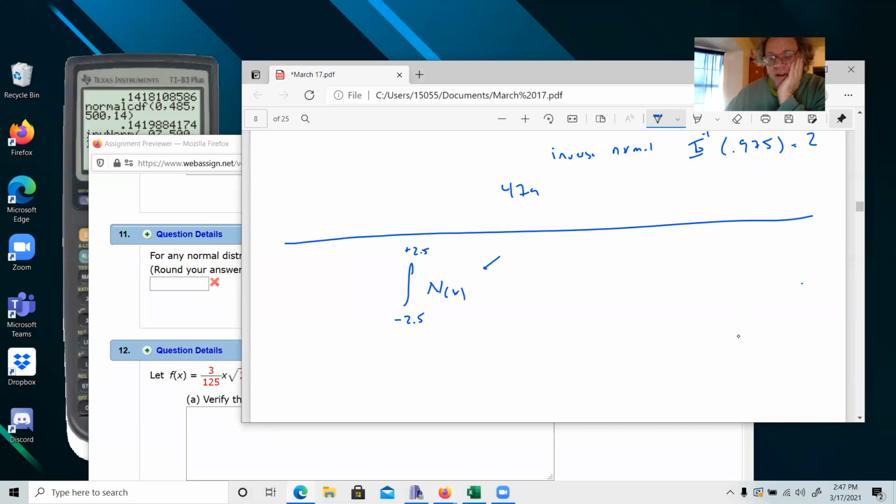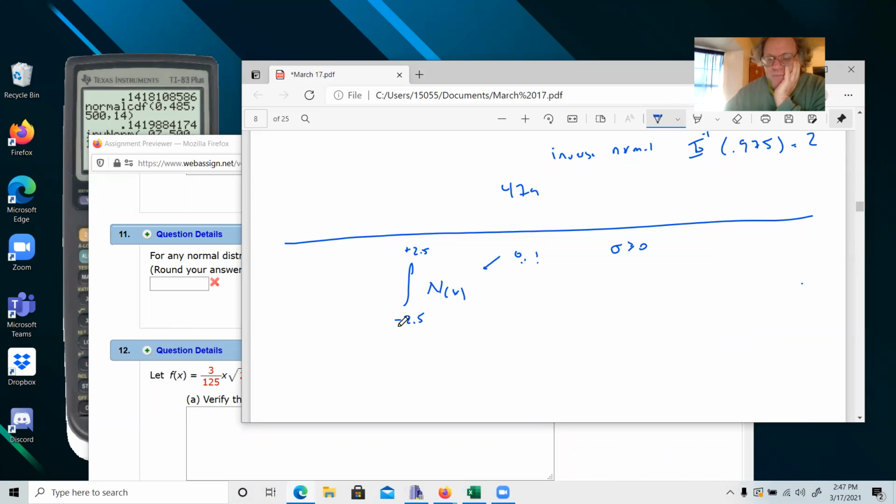If they said for any one, and you need to pick a mean and a standard deviation, why don't you pick an easy one? That way you don't have to worry about what's going to drop out or what isn't. Pick one that's going to make your life easy, like 0 and 1.